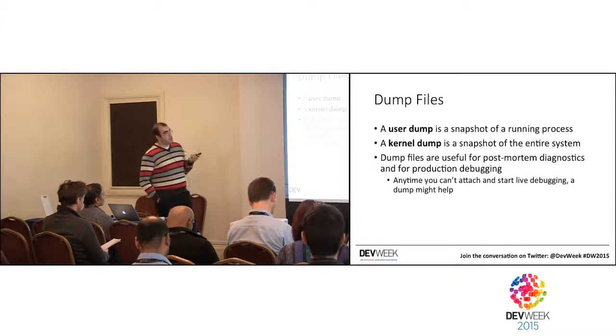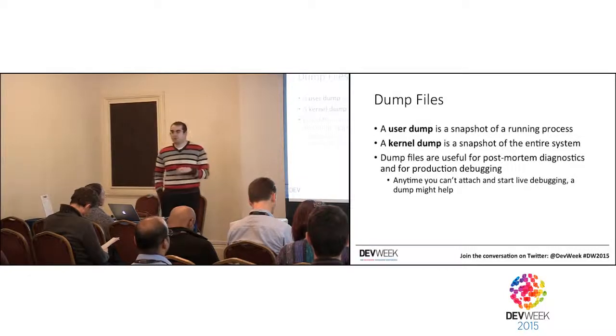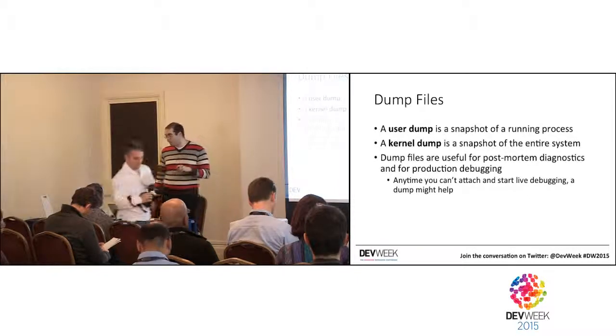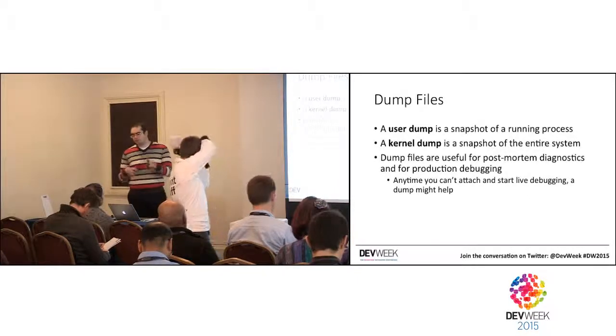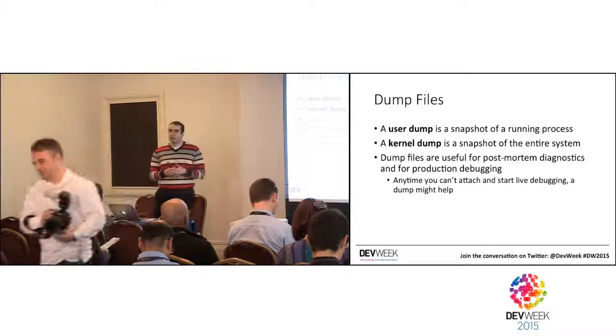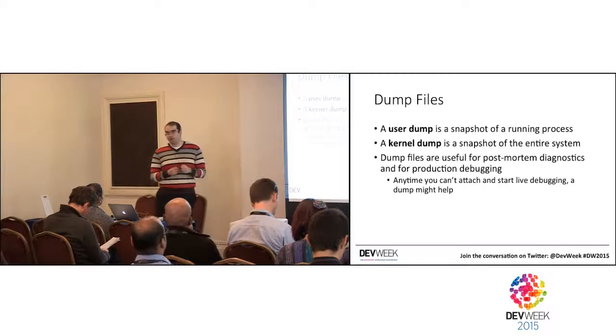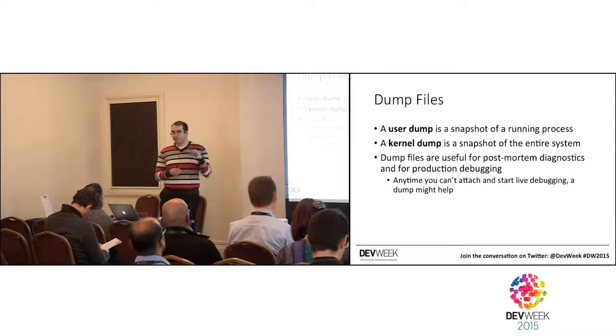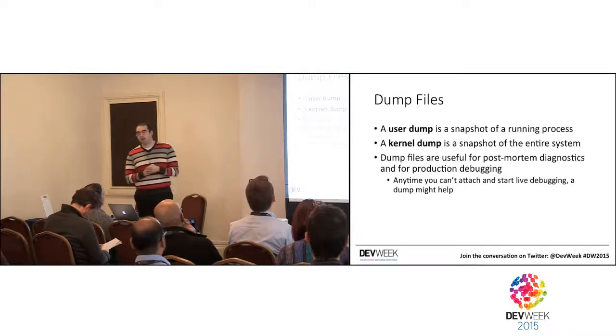We have on Windows user dumps, which are snapshots of a single particular process, and kernel dumps, which are snapshots of the whole system, of the whole kernel memory. And this talk is mostly about .NET, maybe some C++ could be relevant as well. So we're not going to talk about kernel dumps here. We are going to use user dumps, which are snapshots of a particular process. So you take the state of the process and you save it to a file on disk.